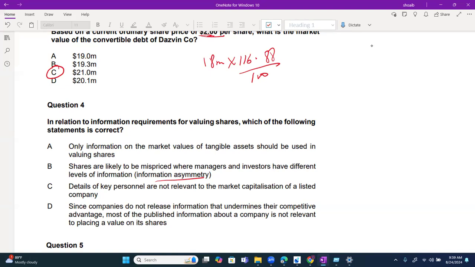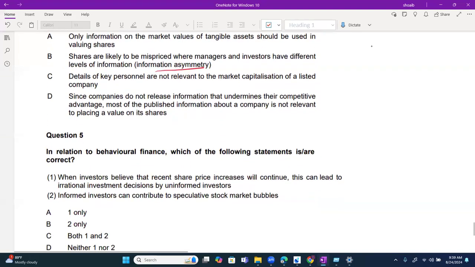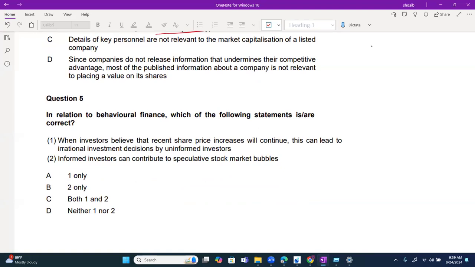Whenever there is an information asymmetry, share prices will misprice. In relation to behavioral finance, which of the following statements are correct? When investors believe that a recent share price increase will continue, this can lead to irrational investment decisions by uninformed investors.